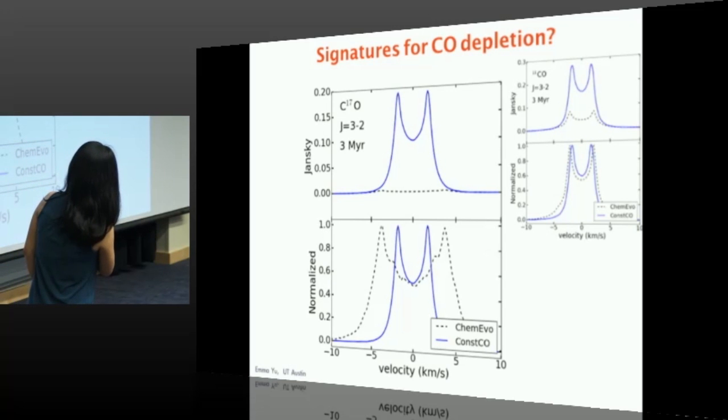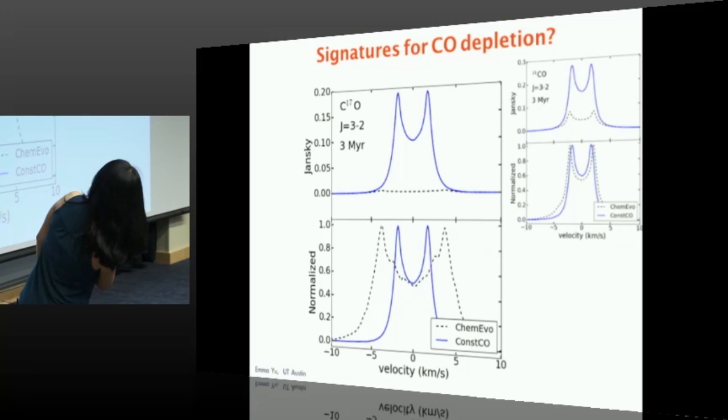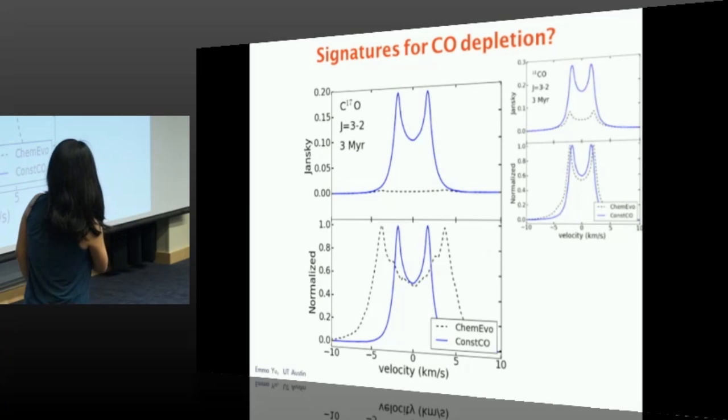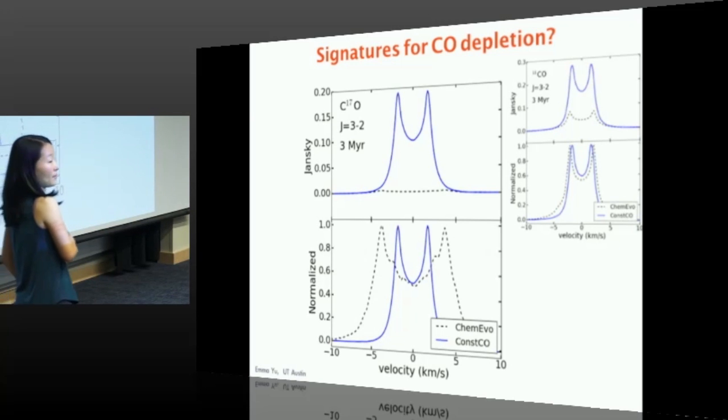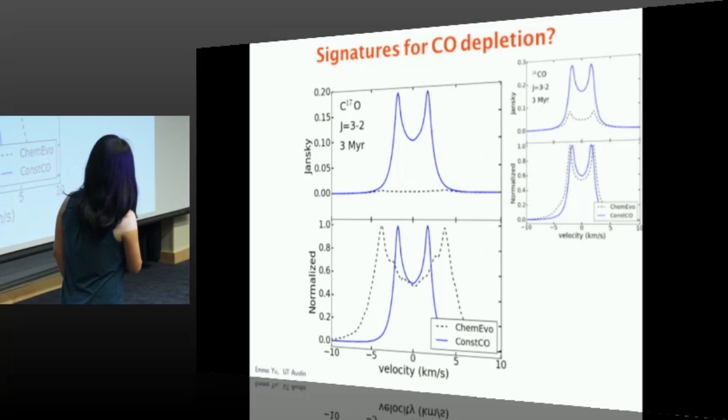So the outer part is depleted, and most of the emission actually comes from the inner part of the disk, where the Keplerian velocity is much higher.